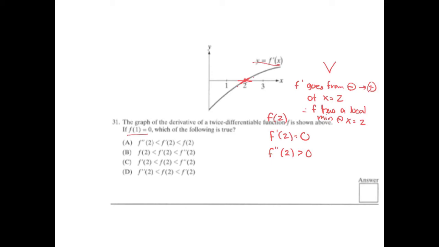So if it has a local min at x equals 2, and I know that f of 1 is 0, then I know that f of 2 has to be even less than that 0. So that's my clue there, that I know that it's less than 0, again, because it's a local min, so it must obviously be less at 2 than it was at x equals 1. And so it must be less than 0 there. So I know my order is going to be f of 2, then f prime of 2, then f double prime of 2. So my answer is B.